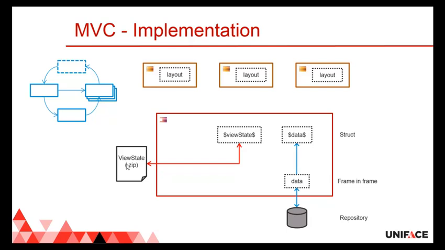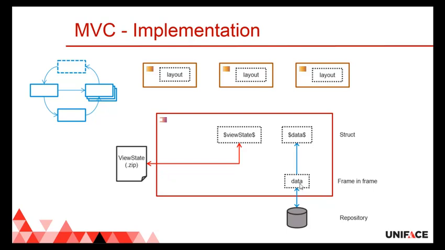Both pieces of information, so both the view state as well as the data from the repository, are then loaded into a struct, and those structs are then formatted in such a way that they best suit the population of the various views that we have. So these are different logical views, as the same data might be stored in the repository.